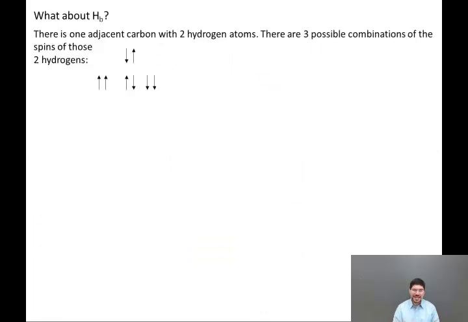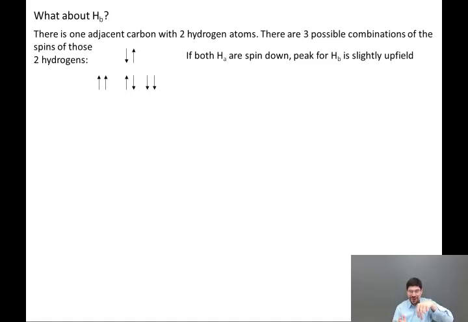Okay, what about HB? Well, if you're looking at HB, there is 1 adjacent carbon, the one that contains the HAs, with 2 hydrogen atoms, the 2 HA hydrogens. So when you have 2 hydrogen atoms, there are 3 possible combinations of the spins of those 2 hydrogen atoms. They're either both up, 1 up and 1 down, or they're both down. So if both HAs are spin down, once again, the peak for HB is slightly upfield or to your right.